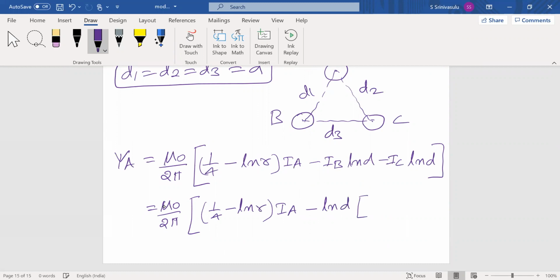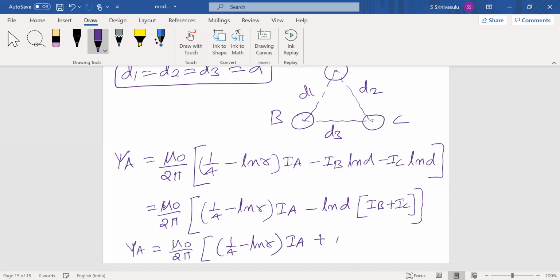What you get is Ib plus Ic. We know that Ia plus Ib plus Ic equals 0, so I can write Ib plus Ic equals minus Ia. Finally, psi a equals mu naught by 2 pi, 1 by 4 minus ln of r into Ia, this minus of Ib plus Ic equals plus Ia into ln of D.